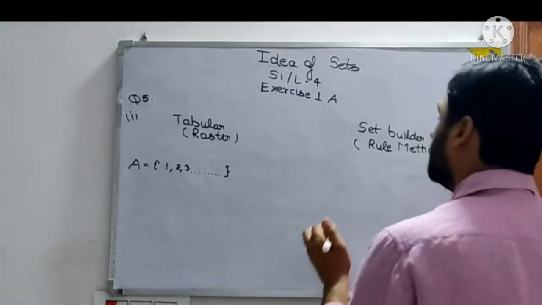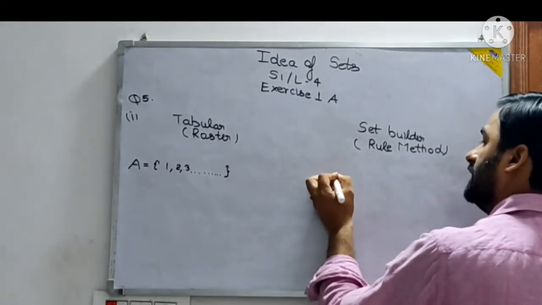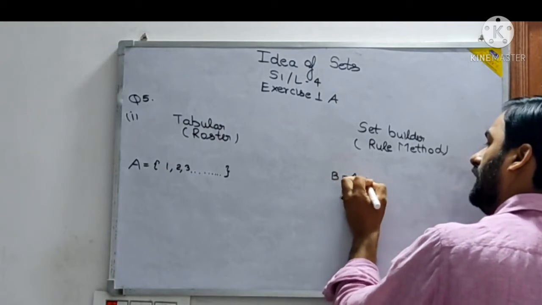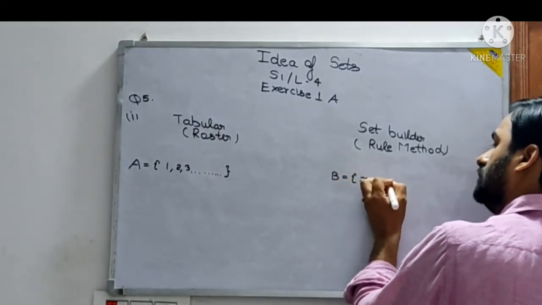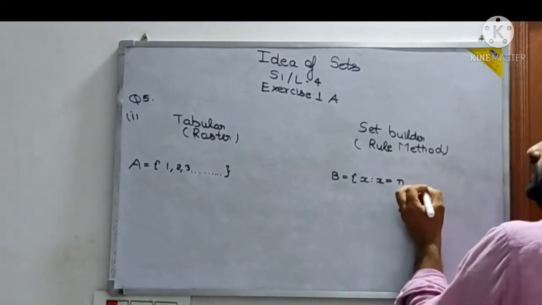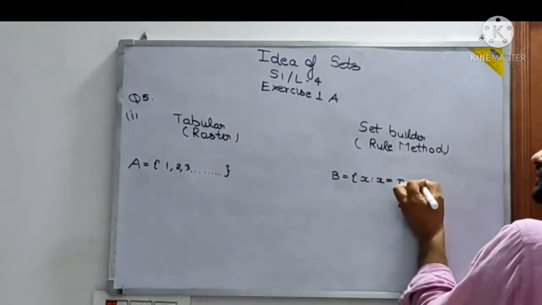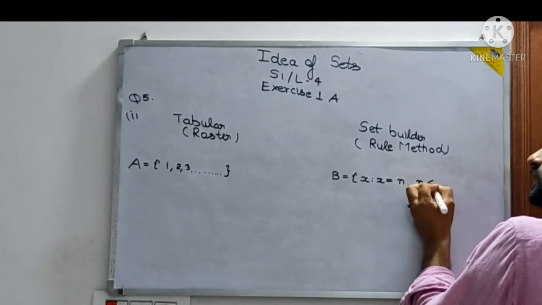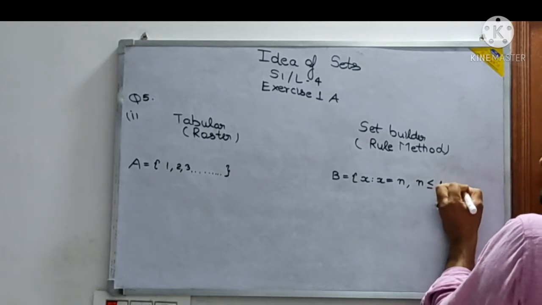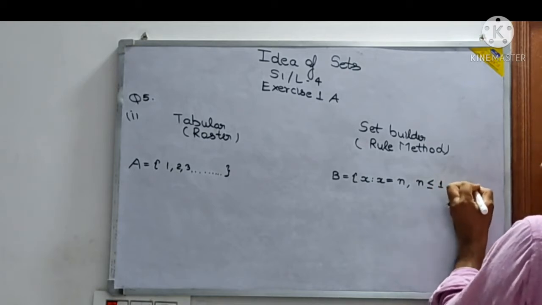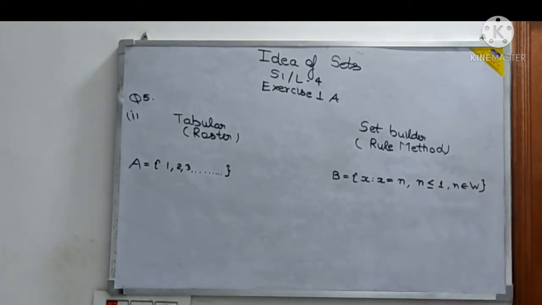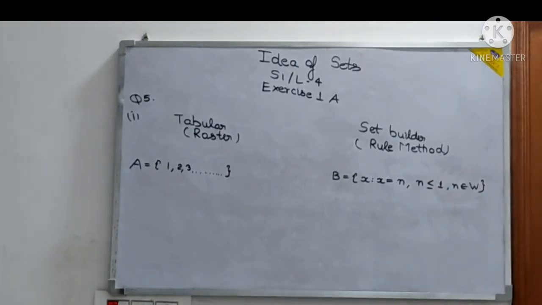And what about the rule method? You can write it as B = {x such that x = n, and n is greater than or equal to 1, and n is an element of whole numbers}. You can write whole numbers or natural numbers, up to you.